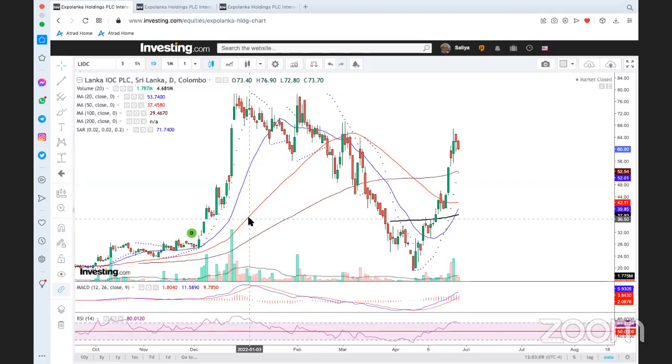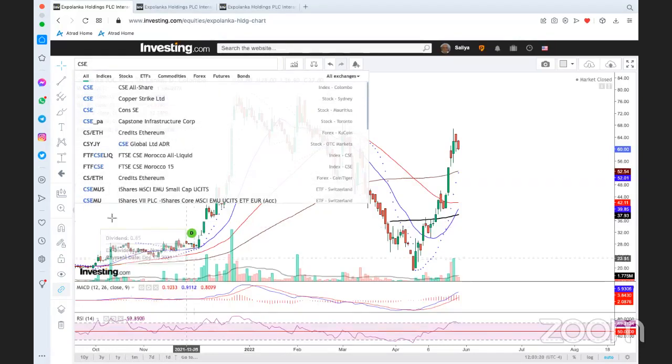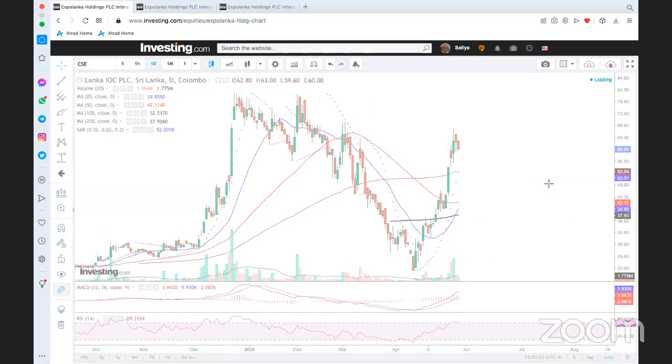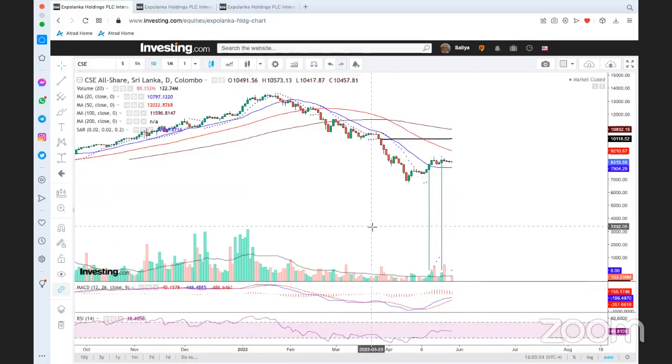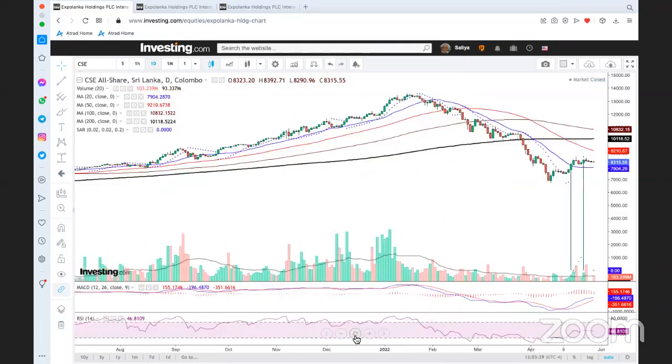That's why ASPI is there again. I saw the ASPI also is above the 20-day moving average and trying to test that. I don't know whether it's the 1 hour chart. I'm sorry, not the 1 hour chart.